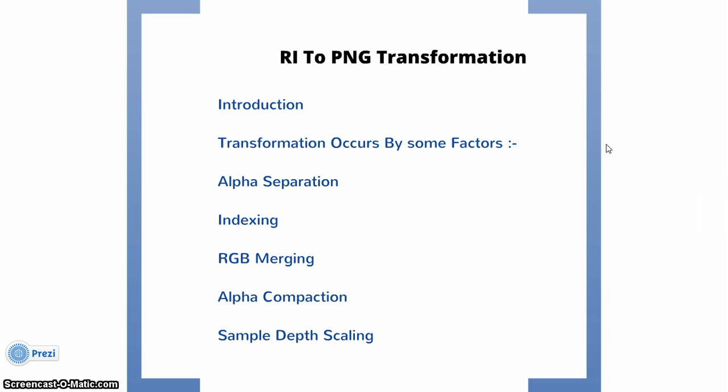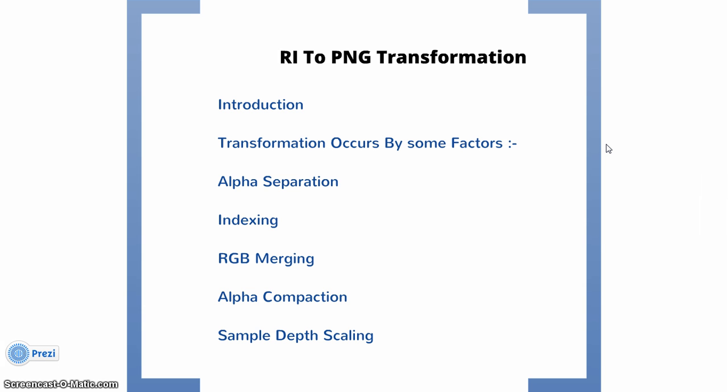When every pixel is either transparent or fully opaque, the alpha separation, alpha compaction and indexing transformations can cause the recovered reference image to have an alpha sample depth different from the original reference image, or to have no alpha channel. This has no effect on the degree of opacity of any pixel. The two reference images are considered equivalent and the transformations are considered lossless.